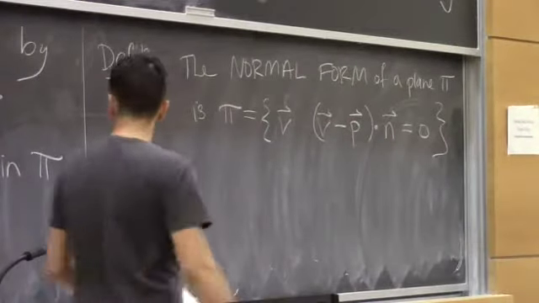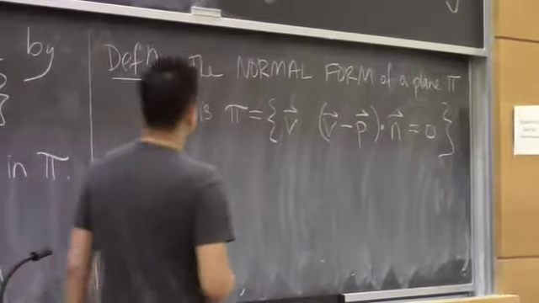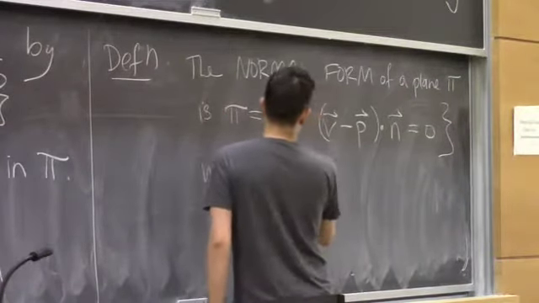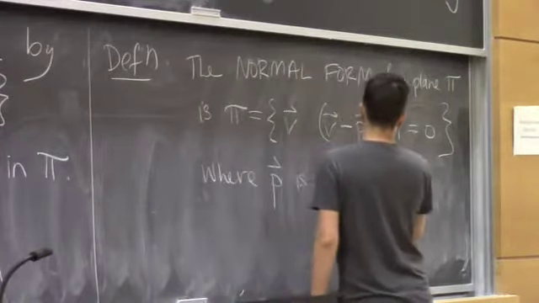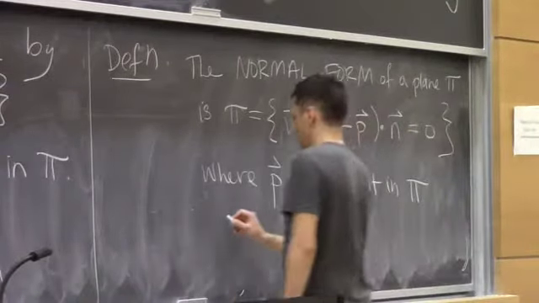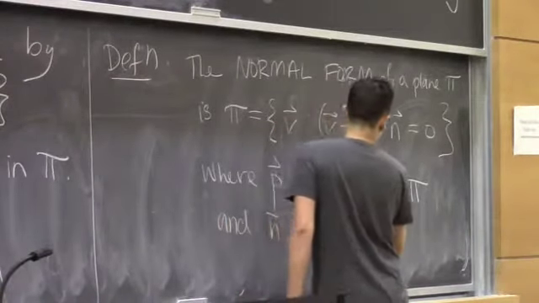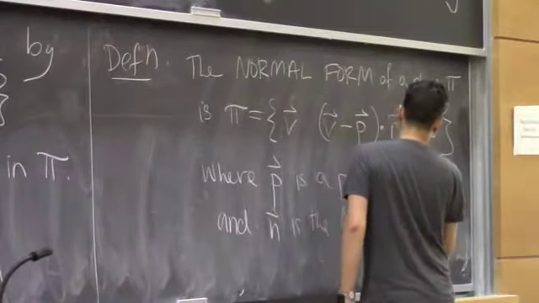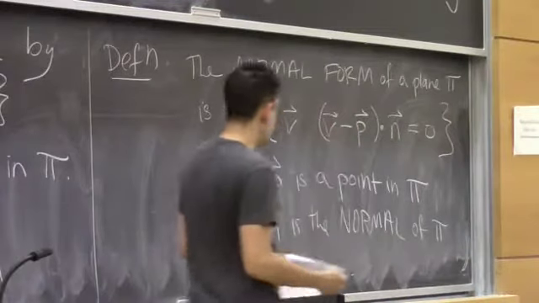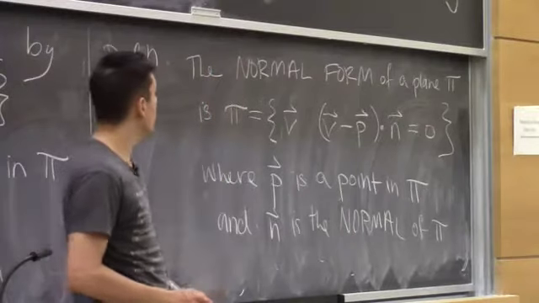So to get around this issue that we always contain 0, we subtract something off. So p is a point, and n is the guy that we call the normal of pi.